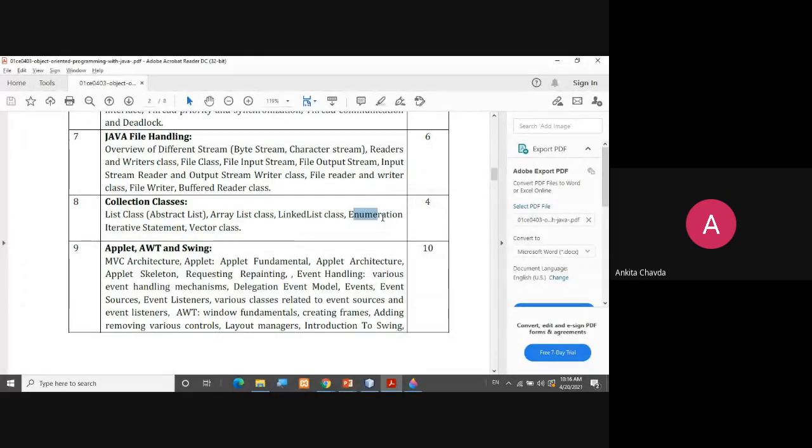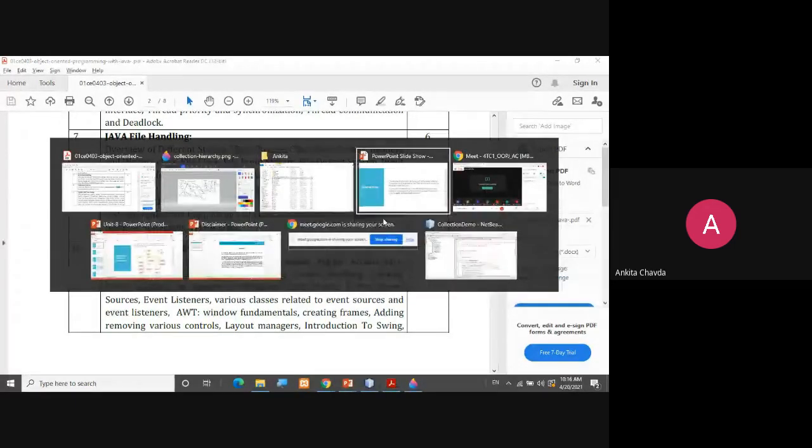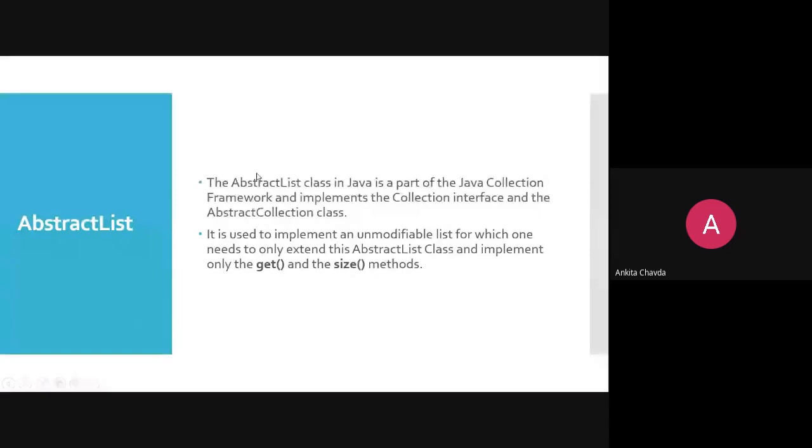Okay. Fine. So here, yes, the AbstractList class, very first. In Java, it's a part of the Java Collection Framework and implements the Collection interface and the AbstractCollection class, right?